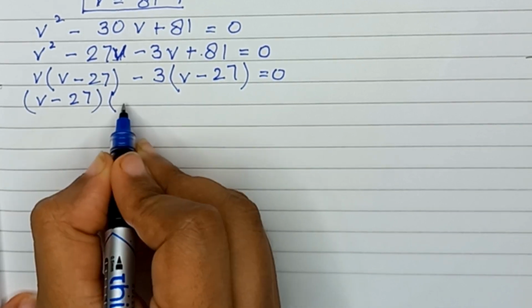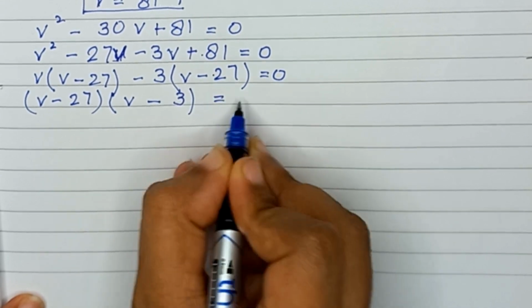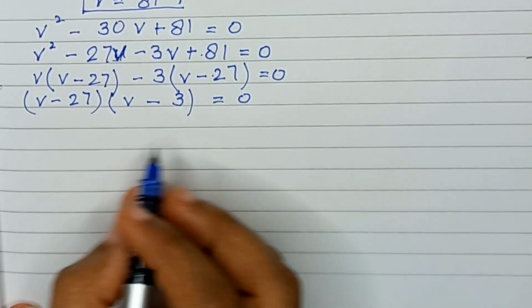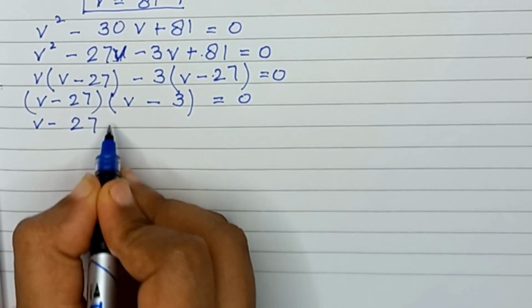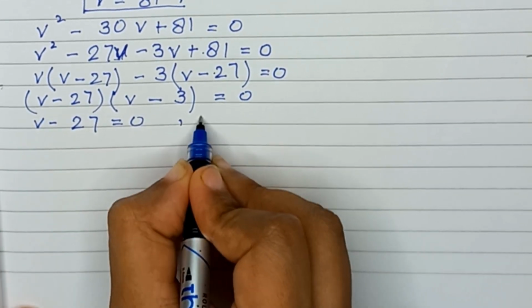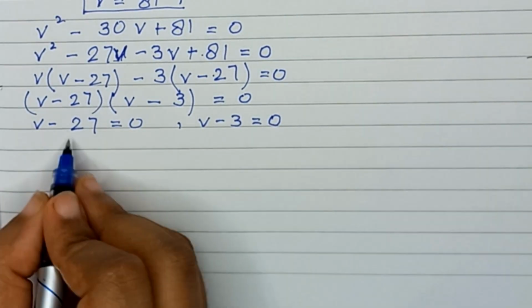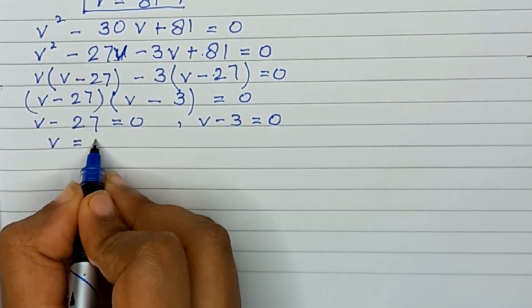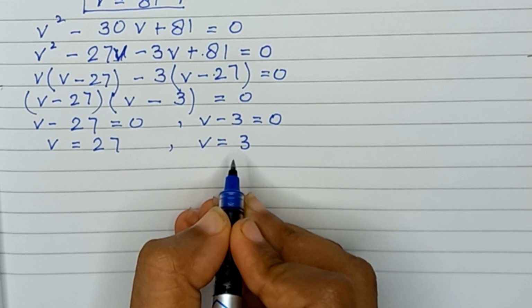So this divided by this will be equal to v and this divided by this will be equal to 3, which is equal to 0. So here we have two factors: v minus 27 is equal to 0 or v minus 3 is equal to 0. So from here we have v is equal to 27 and from here v is equal to 3.